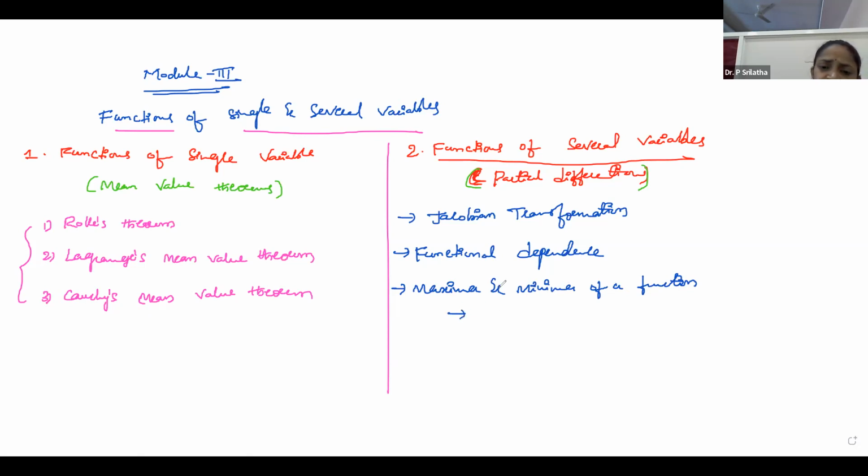First is maxima and minima of a function of two variables, and maxima and minima of a function of three variables. Okay, so we have one more method to find the maxima and minima of three variables. So that is our last topic.